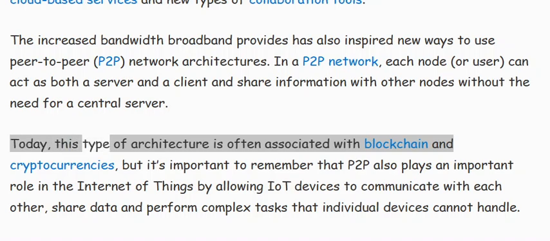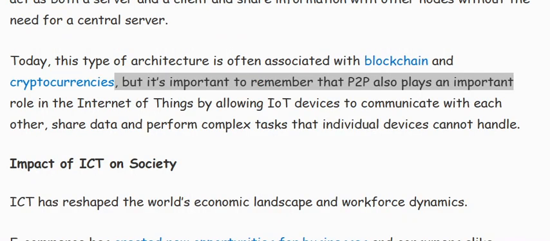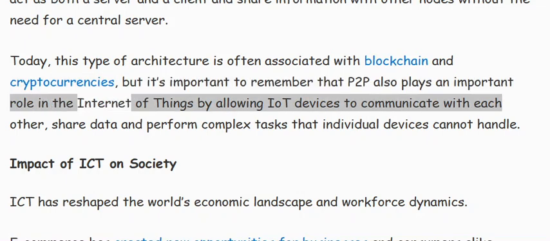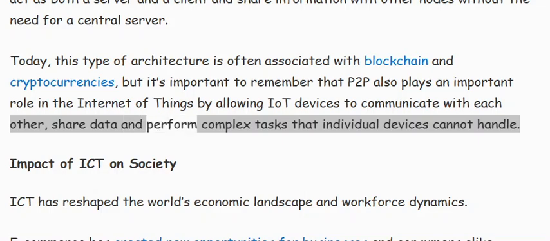Today, this type of architecture is often associated with blockchain and cryptocurrencies, but it's important to remember that P2P also plays an important role in the Internet of Things by allowing IoT devices to communicate with each other, share data and perform complex tasks that individual devices cannot handle.